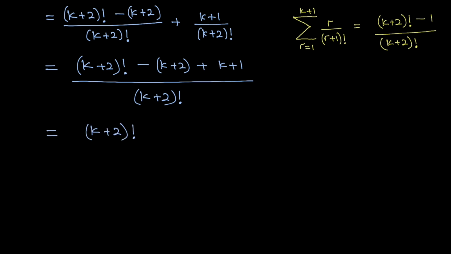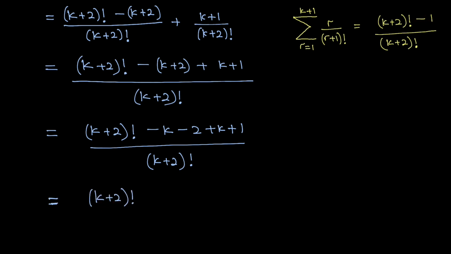So we get k plus 2 factorial minus k minus 2, because minus times k is minus k, minus times plus 2 is minus 2, plus k plus 1, over k plus 2 factorial. Minus k cancels plus k, minus 2 plus 1 is minus 1. So that's the minus 1 there. So we get k plus 2 factorial minus 1 over k plus 2 factorial. And that's the solution we're looking for.